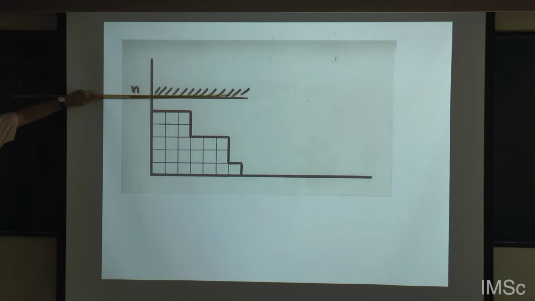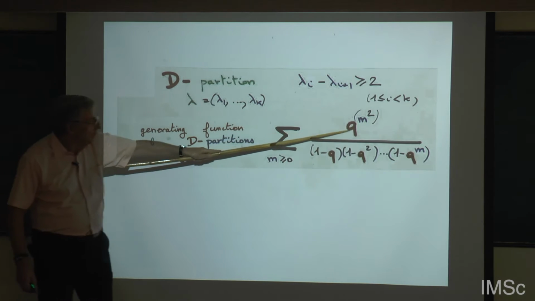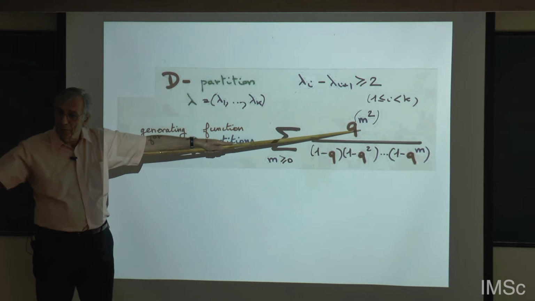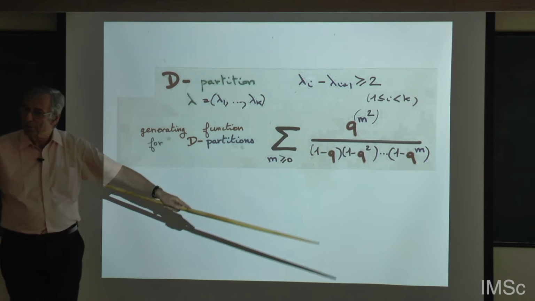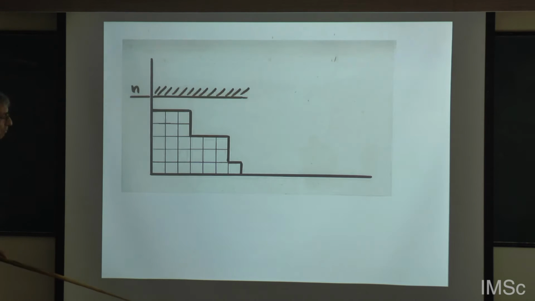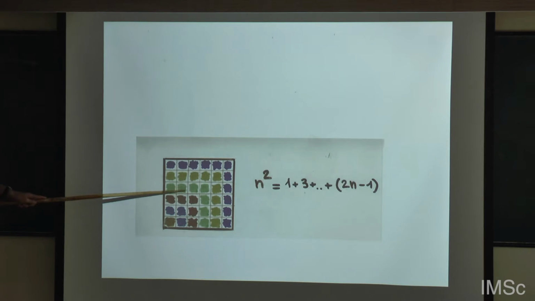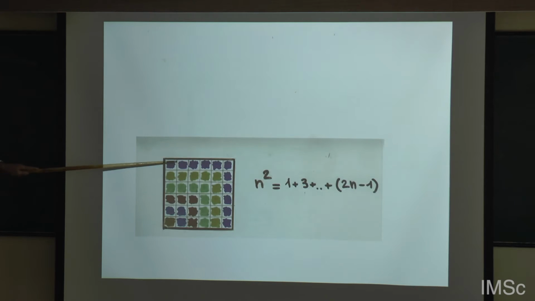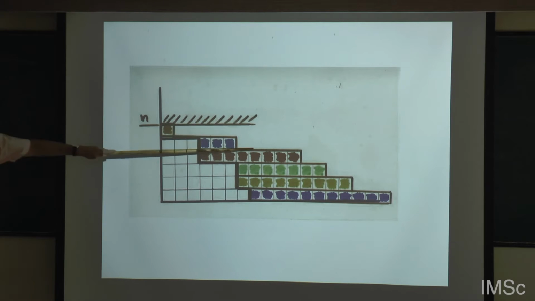And then you have to multiply by q to the power n squared. But going back to the Greeks, we know that n squared is 1 plus 3 plus 5 plus 7 plus etc. So I take this n squared equal to this, and then to my partition here, I add 1 cell, 3 cells, 5 cells, etc.